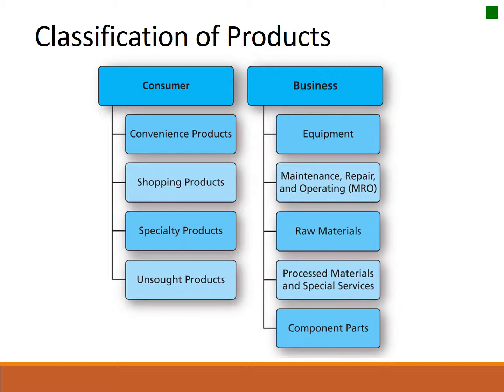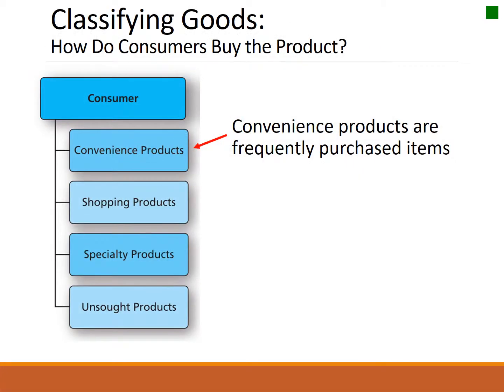And so we'll spend a little bit of time just saying a word or two about the primary classifications of consumer goods and business goods. Okay, and here you see an illustration where in consumer goods we have convenience, shopping, specialty, and unsought products, and then we have a series of 5 different types of products for businesses as well. So we'll just spend a moment or so saying 1 or 2 things about each one of these.